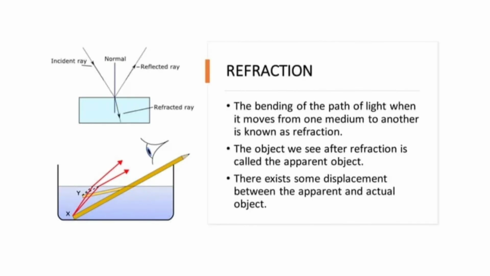Now let's discuss another phenomenon related to light, that is refraction. The bending of the path of light when it moves from one medium to another is known as refraction. The object we see after refraction is called the apparent object. There exists some displacement between the apparent and actual object.